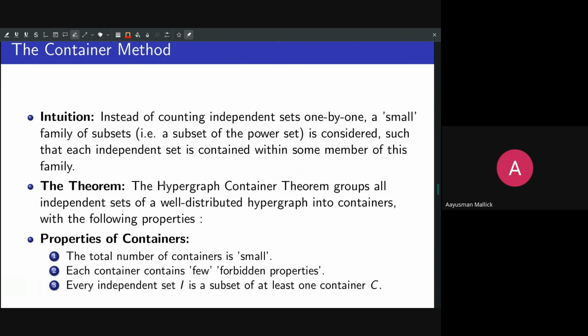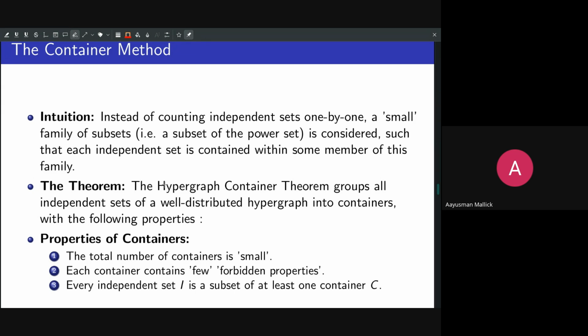Each of the containers contains few forbidden properties. A forbidden property is the property which we are trying to enumerate. Like here we are trying to enumerate the number of graphs which are triangle free, so our forbidden property is triangle-free, or we are trying to count independent sets where we have considered edges to be triangles in our original problem.